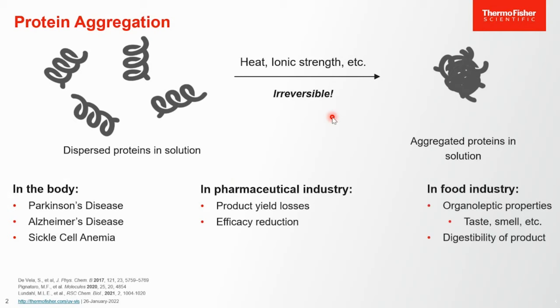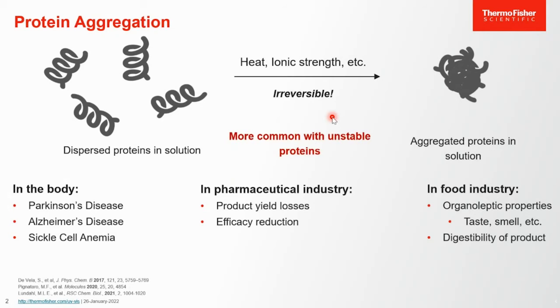And if we consider a food industry perspective, the proteins in solution result in these organoleptic properties, or the taste or smell of the material that's being produced. It can also influence digestibility, and having these aggregated proteins in solution can influence these different processes for that material.